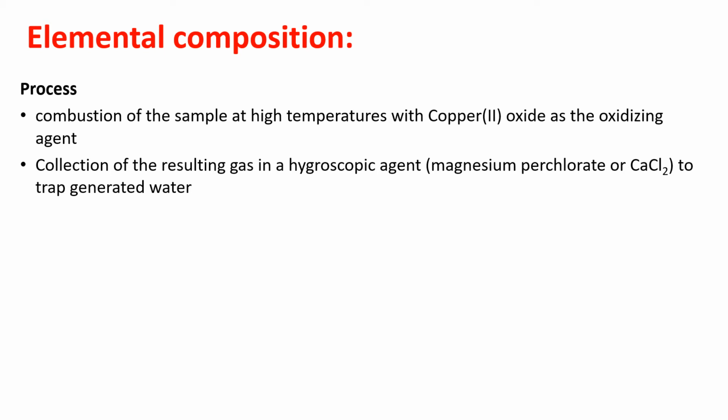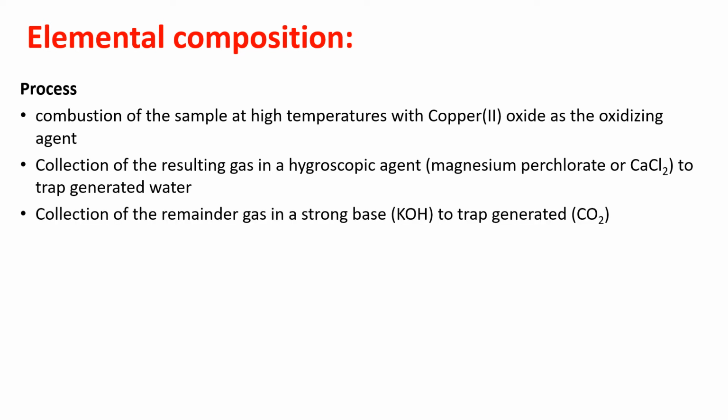The oxidized forms are usually present in the gaseous form, and these gases are trapped with certain trapping agent. Like for example, if you need to trap water, we need certain hygroscopic agents like magnesium perchlorate or calcium chloride. They can be used to trap the water. Now once you have trapped water, you can determine the number of hydrogen.